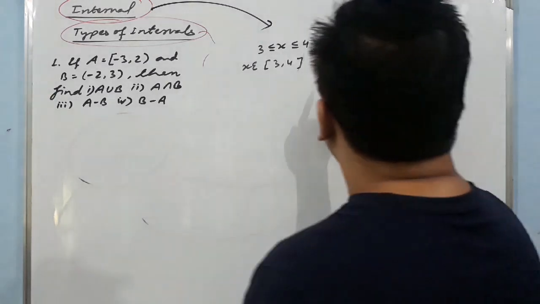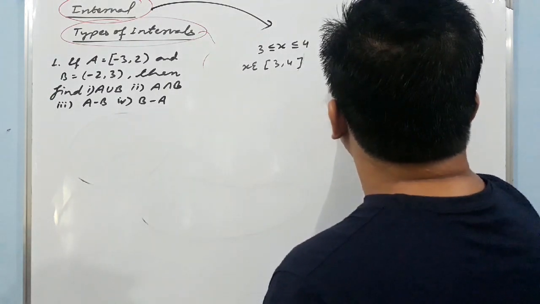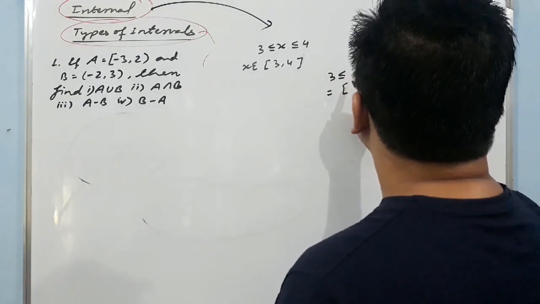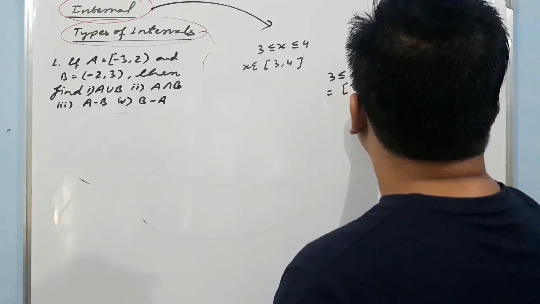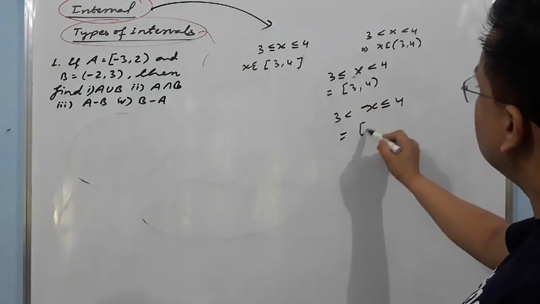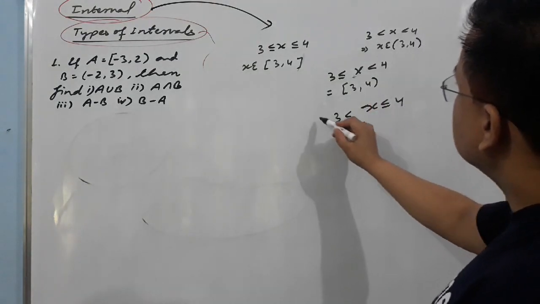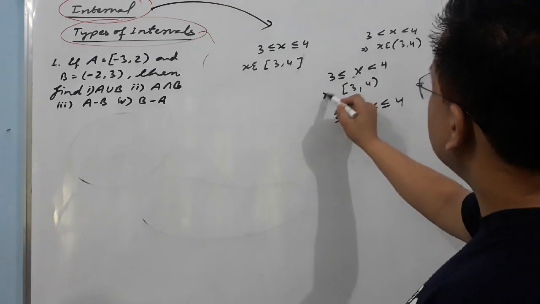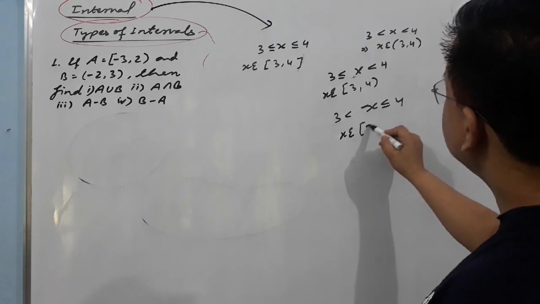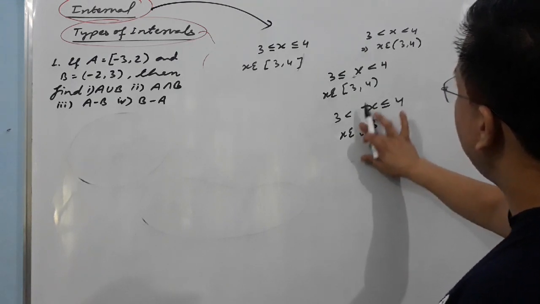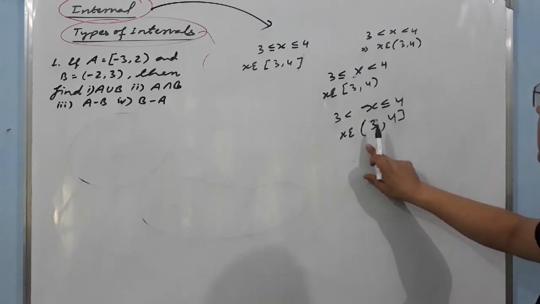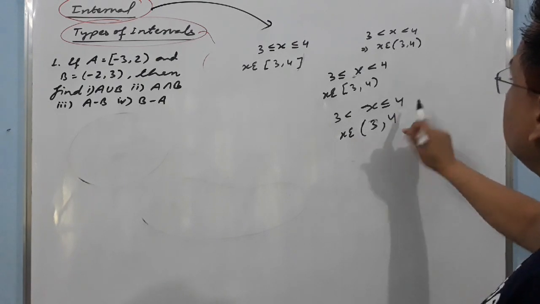Now if you have 3 ≤ x ≤ 4, you will write it this way also, 3 comma 4. If you have 3 < x ≤ 4, you may write x belongs to like this: for 3 you need to use a small bracket here, as it is open, and for 4 you need to use a closed bracket here.